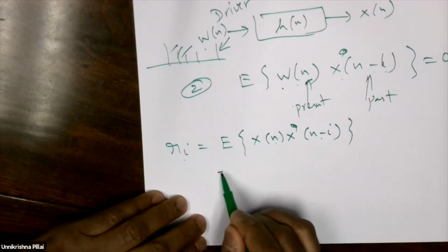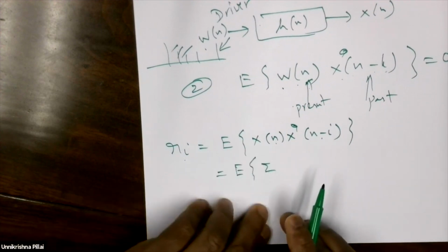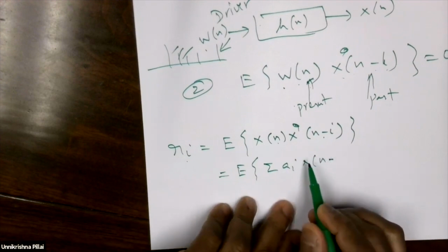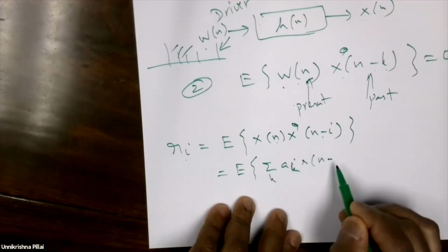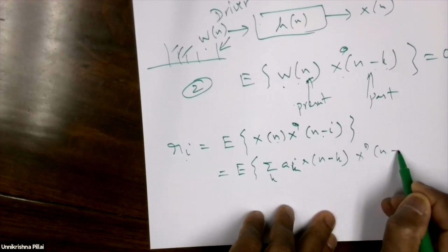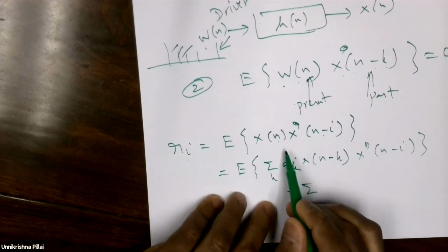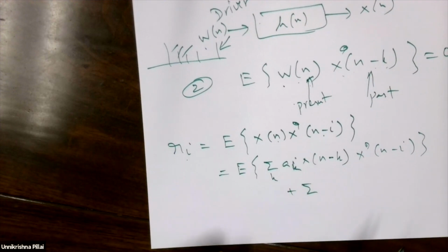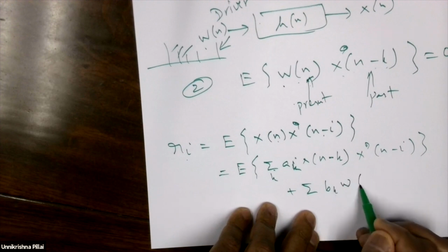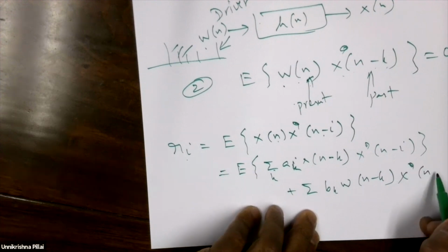So now I'm going to substitute. After this we will stop. This is all there in my notes. This is the sum of a_k x of n minus k, multiplied by x star of n minus i, plus the summation, remember, I am substituting for x of n, of b_k w of n minus k times x star of n minus i.